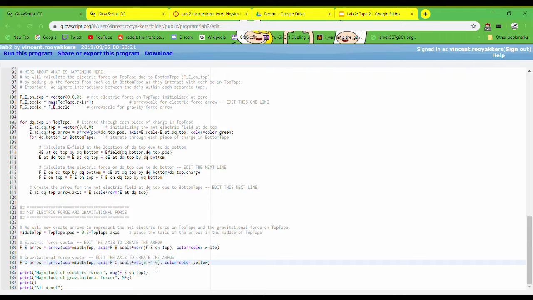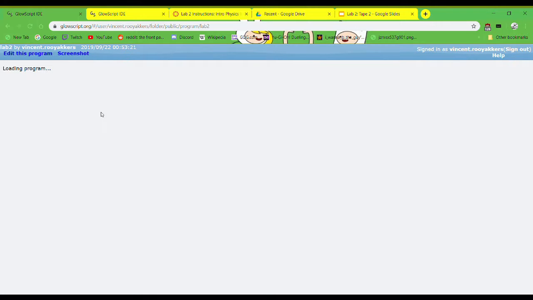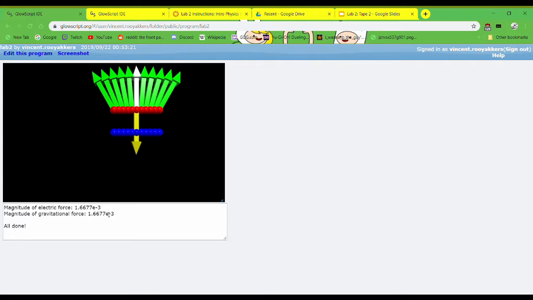For the gravitational force, I know the direction has to be down, so I just multiplied it by the -1 y vector, and then we can just watch the program run. And here we see the magnitudes are equal, and they are going in opposite directions, and the arrows look like they are correct because they're going away from the positive point charges.